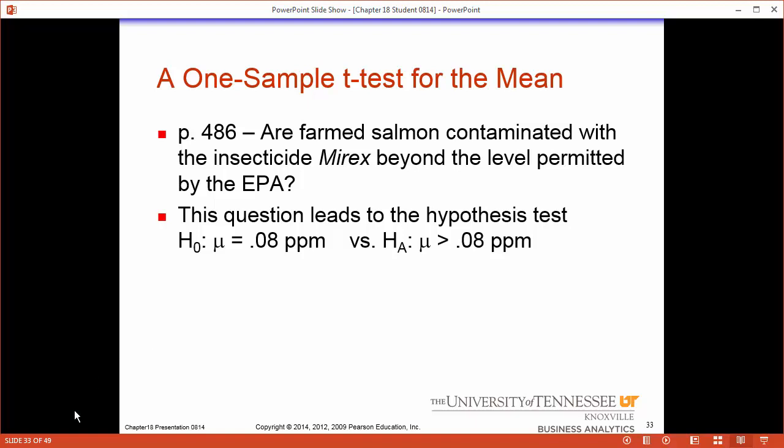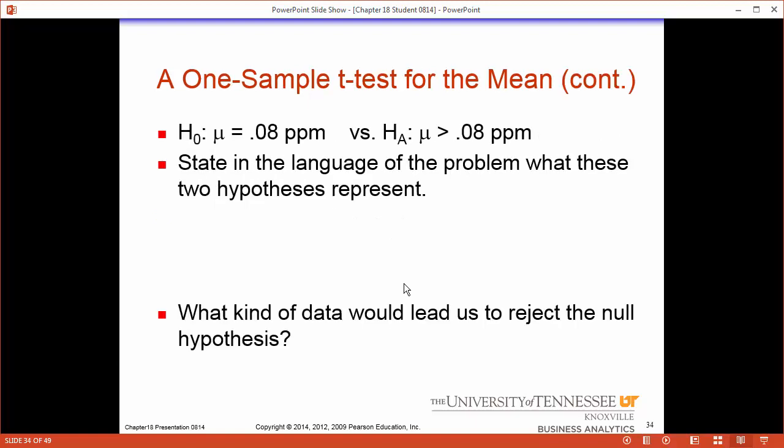So this is the null that is equal to 0.08, and they want to see if there's evidence for the alternative that it's greater than 0.08. So very important to be able to read this. When we read this right here, it says, the null hypothesis states that the true mean level of insecticide is equal to 0.08 parts per million. The alternative hypothesis states that the true mean level of insecticide is greater than 0.08 parts per million.